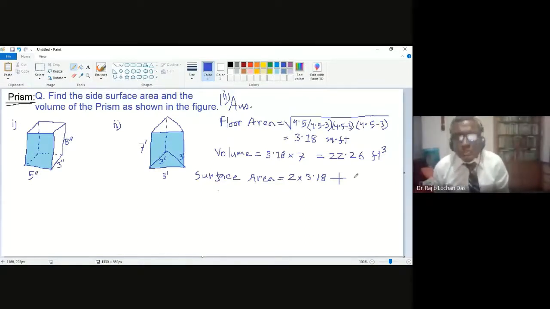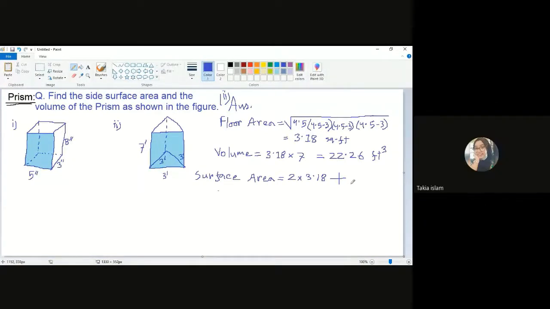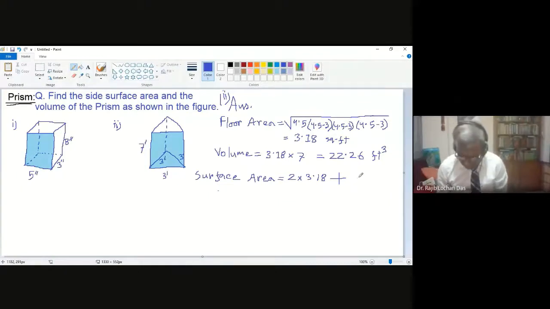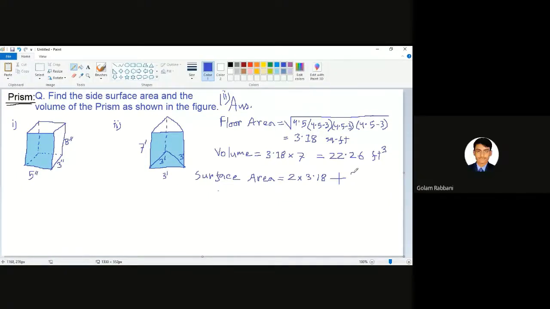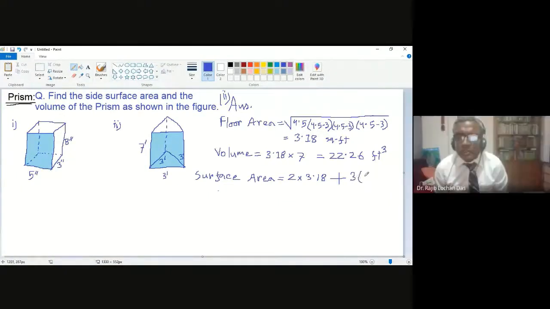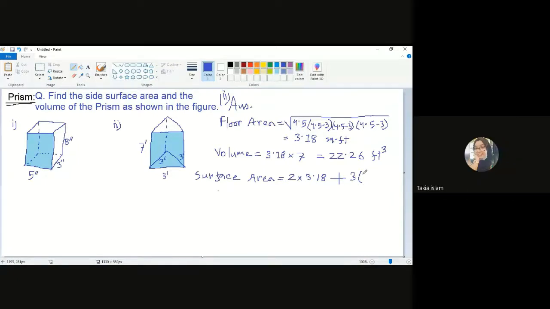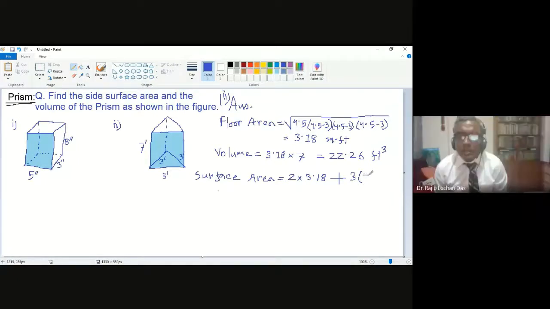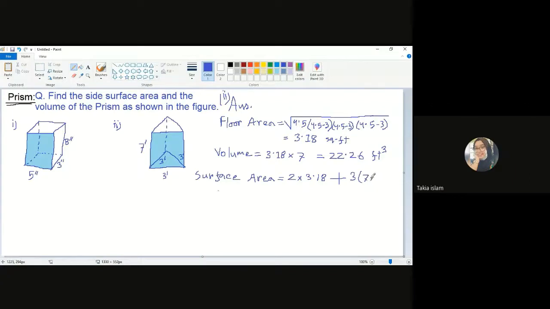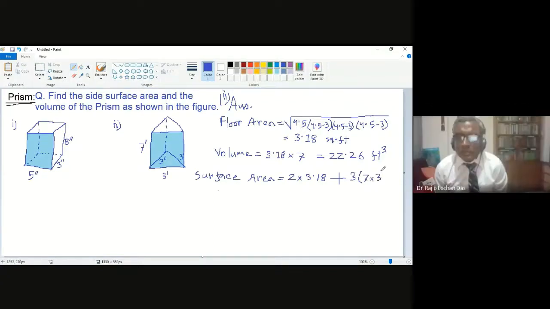So side area. What will be side area? Rectangular. How many sides? 3 sides. So length into breadth. So the rectangle is 7 into 3.